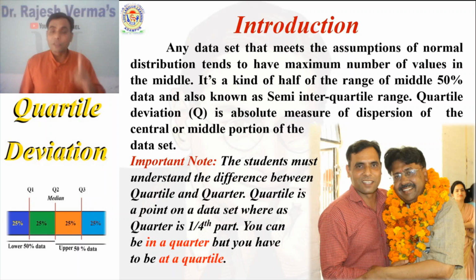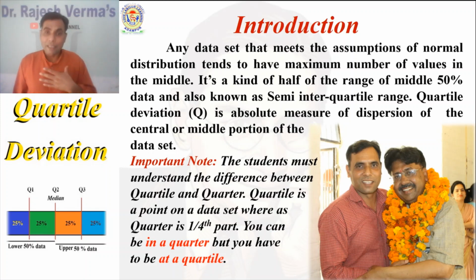So you must note here, a very important note for the students and for individuals who are interested in statistics. The students must understand the difference between quartile and quarter. A quartile is a point on a data set, whereas a quarter is a 1/4 part of the data set. You can be in a quarter, but you have to be at a quartile.